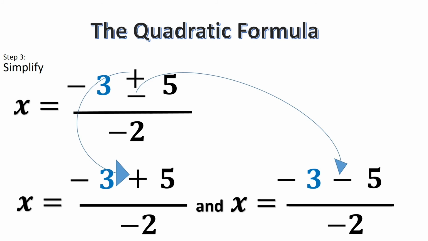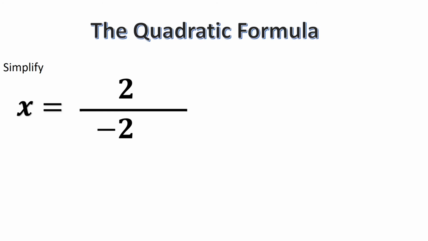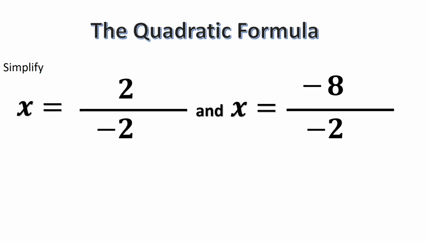Simplifying the top, the first is going to turn out to be positive 2 because we had negative 3 plus 5, still with the negative 2 on the bottom. The other one ends up being negative 8 on top because we had negative 3 minus 5 that time. So that's negative 8 divided by negative 2.